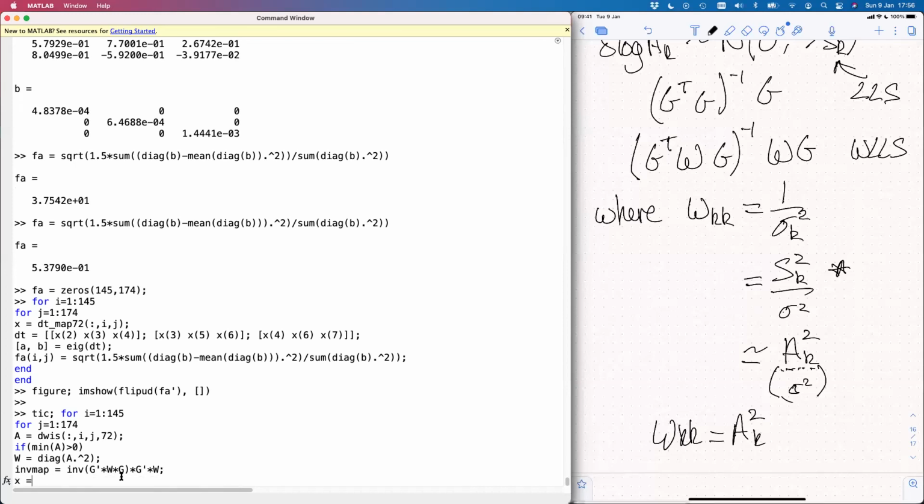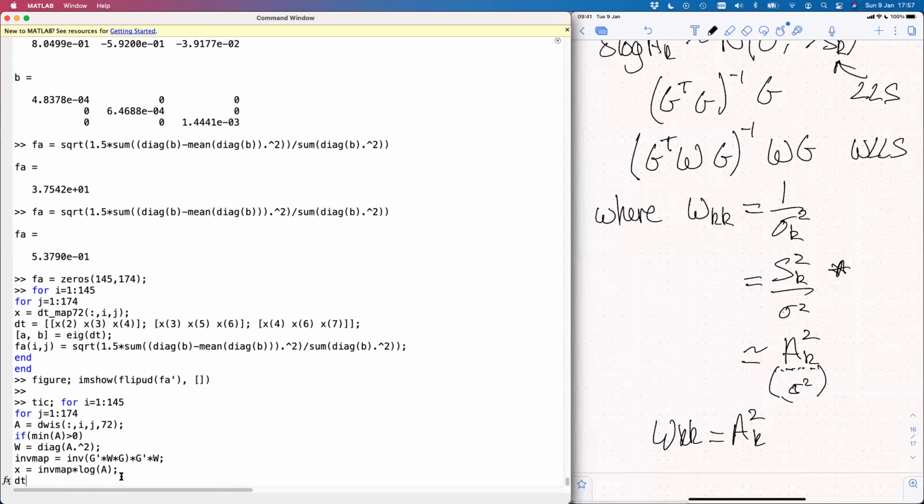Now we can compute X and plonk it into the corresponding map.